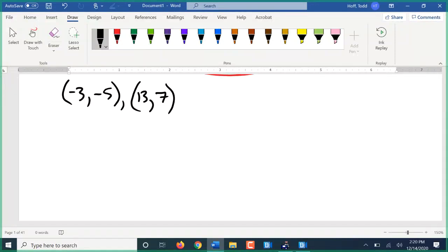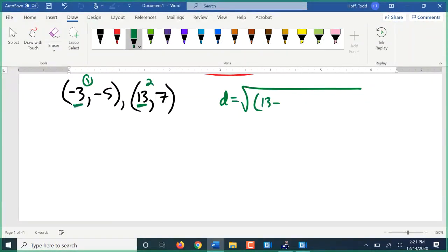So now, find the distance between them. Label them points 1 and 2. x2 is the 13, minus x1 is the negative 3. So it's 13 minus negative 3 squared, plus y2 is the 7, minus y1 is the negative 5. So it's 7 minus negative 5 squared.